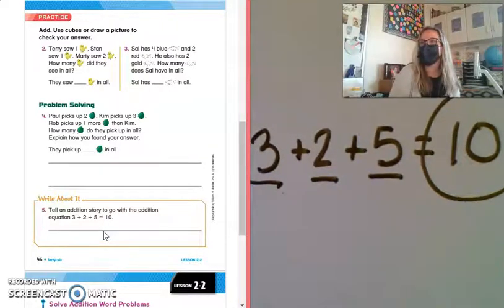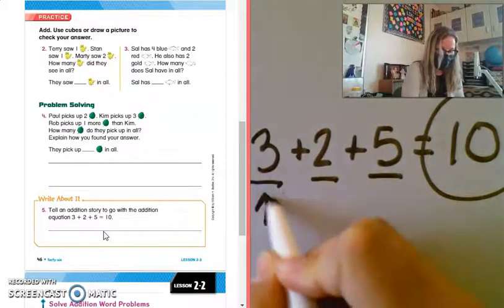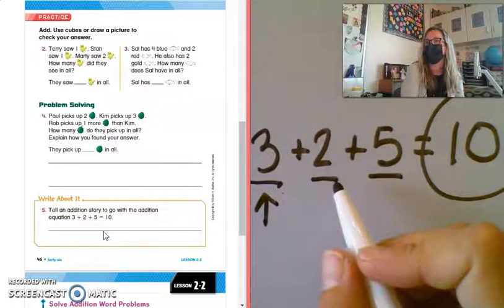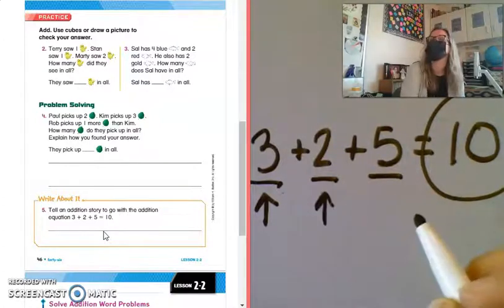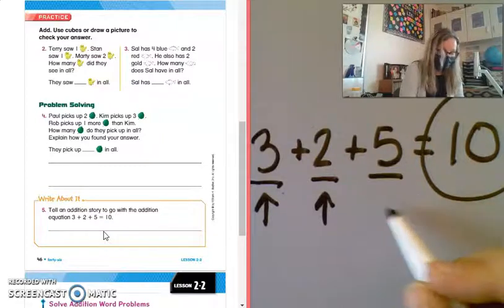Go ahead, Austin. Nice and loud so our friends at home can hear too. For breakfast, he baked 3 pancakes, 2 pieces of bacon, and then you decided that you might be a little bit more hungry, so you made 5 eggs.